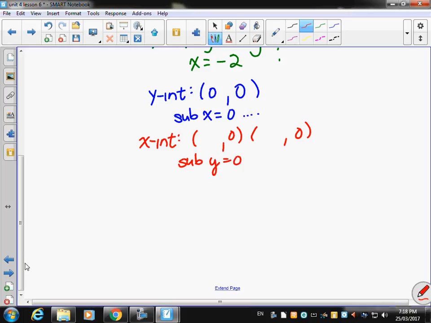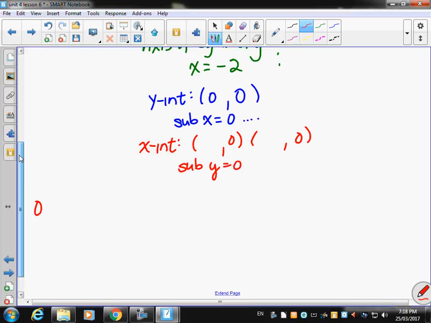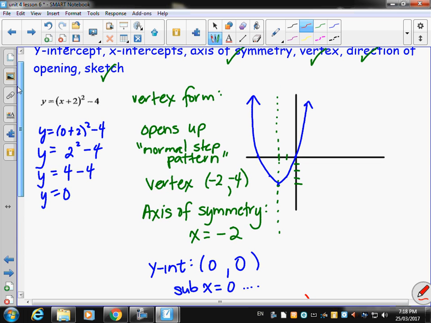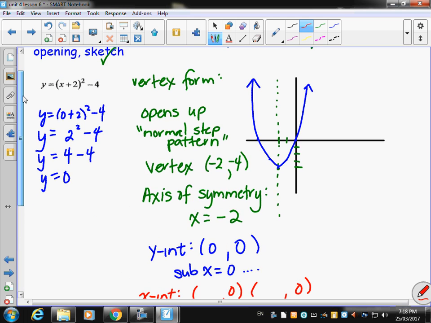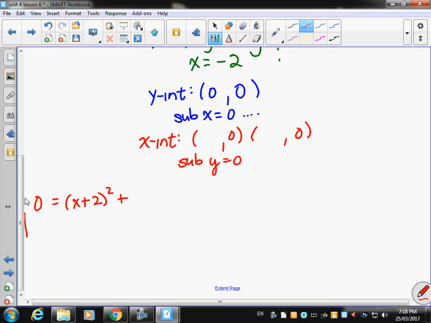Let's see what we get. I'm going to just write down here though. I put y equals 0 for my equation. I have 0 equals x plus 2 squared subtract 4. Sorry. Okay. I would like to solve for x. I am going to add 4 to both sides.